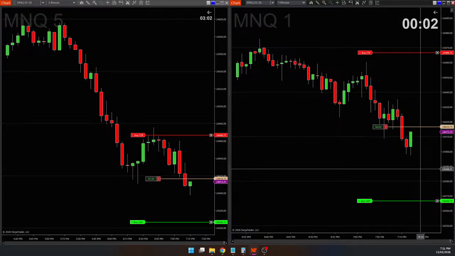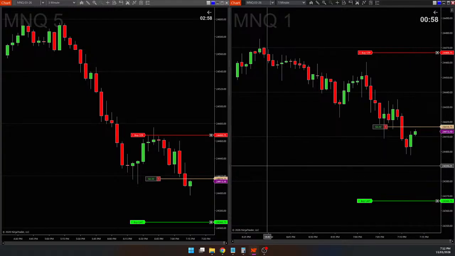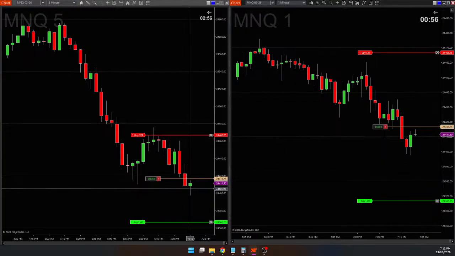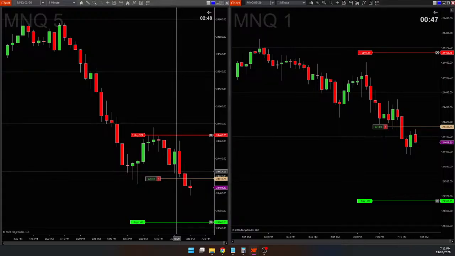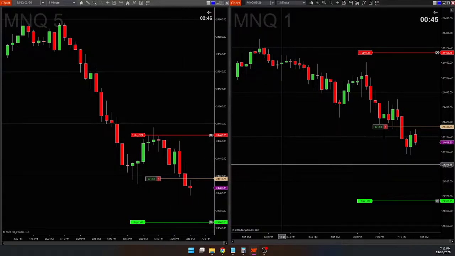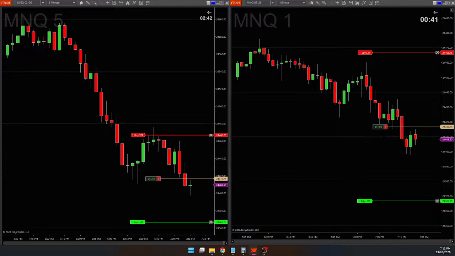Taking far too many trades today as well. If you look at this, another one of those bars doing that behavior. I saw the same thing here as well. It's like, stop thinking about those single bars on the smaller charts.